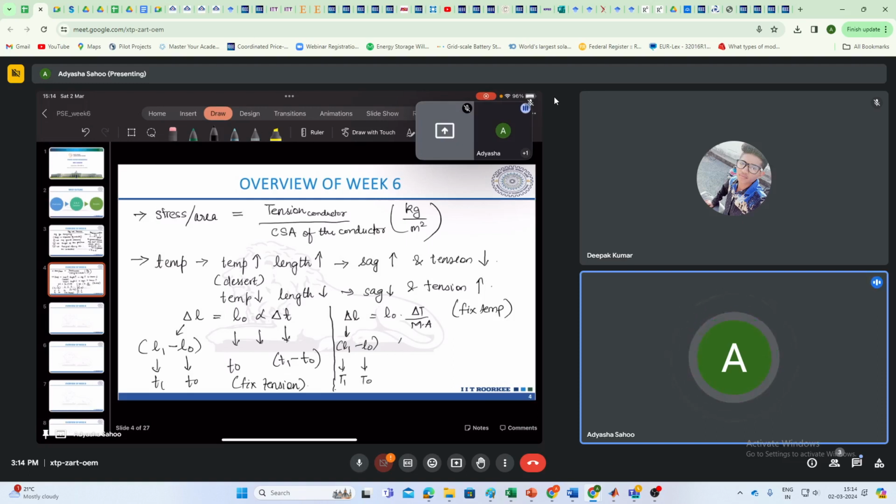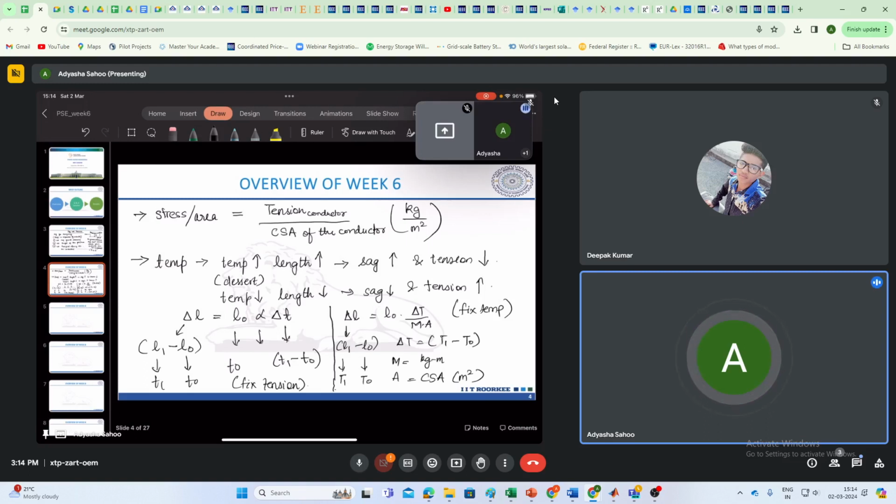So delta T is T1 minus T0. M is your modulus of elasticity, and A is your cross-sectional area of the conductor.